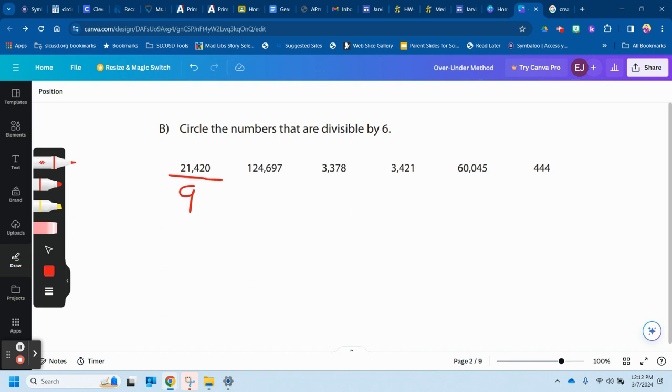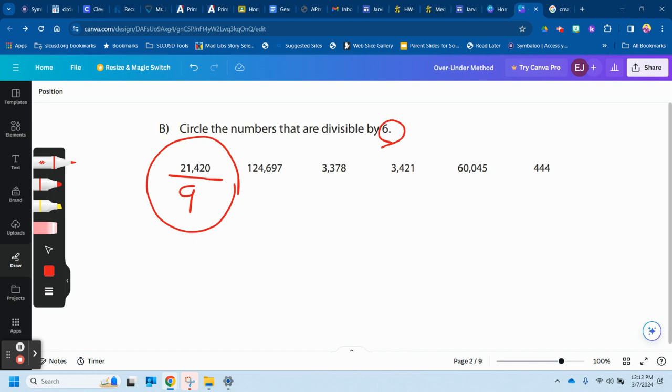Well, it ends in a 0, so it is. So that's a yes. 21,421, its digits add up to 9, which is divisible by 3. If it's divisible by 3 and it's even, then it's also divisible by 6.